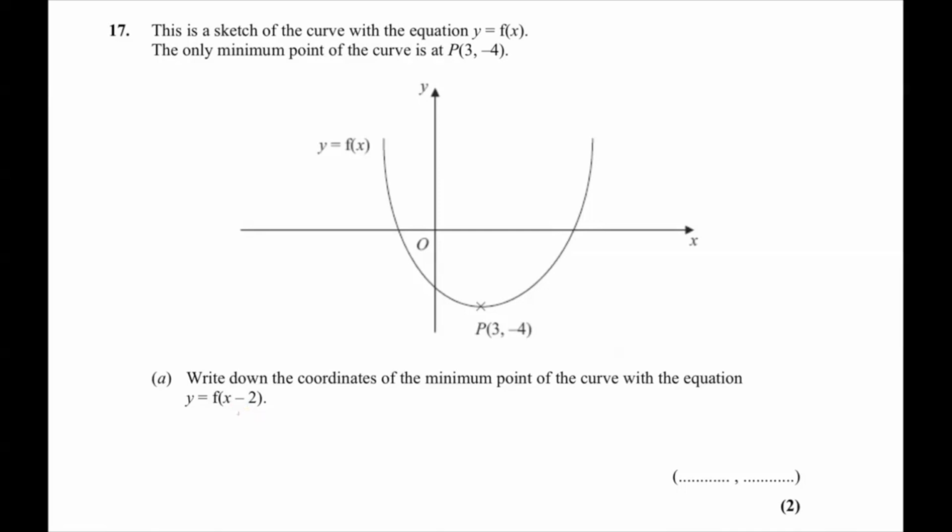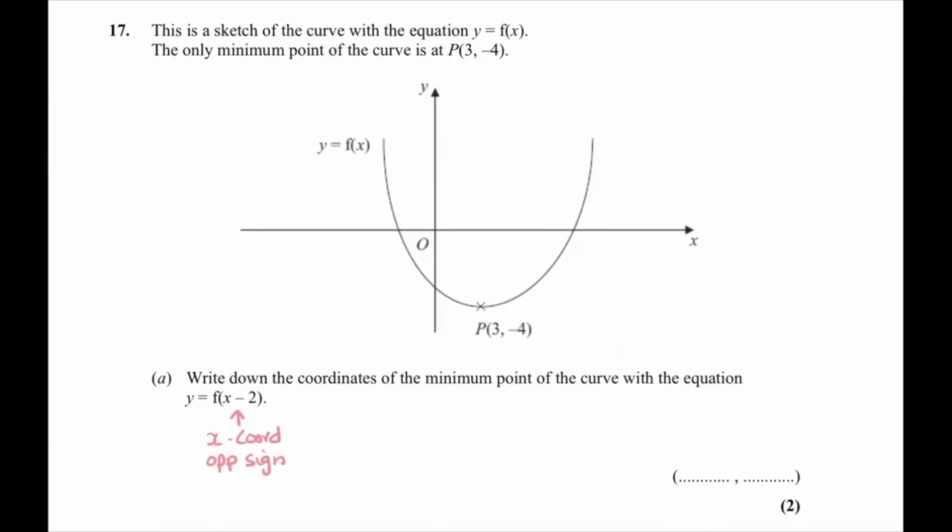Now, when it's in with the x as opposed to away from the x, it's the x coordinate that gets affected. So it's just my x coordinate that's going to get affected, and it's always affected in the opposite sign. So I've got a -2. So instead of moving it back 2 places, it's going to move it forward 2 places.